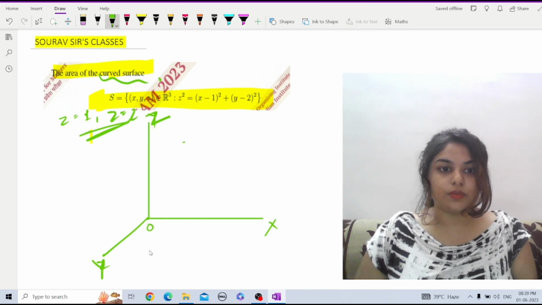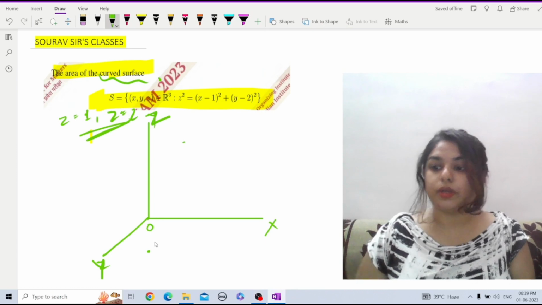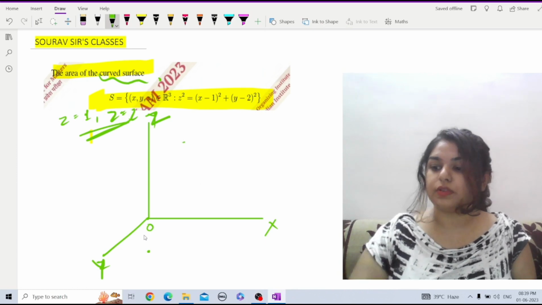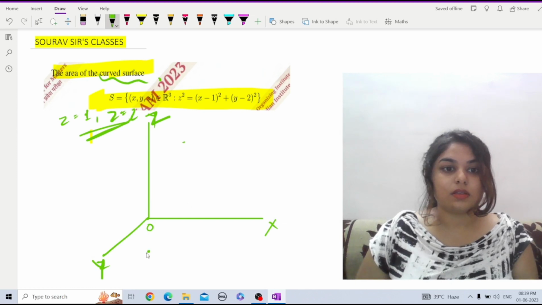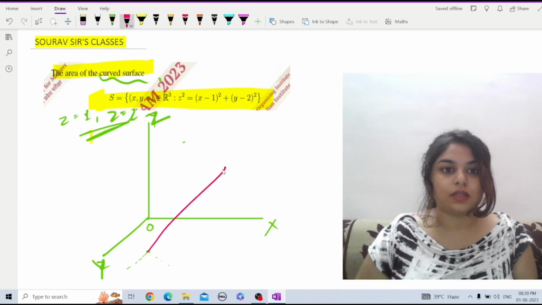So this is the origin. Suppose here we have the vertex, so we have to draw the cone here. In order to draw the cone, first we will draw the negative side of the cone. It is here, and this is to be extended to this side and this side.